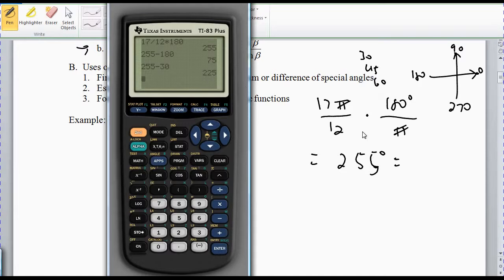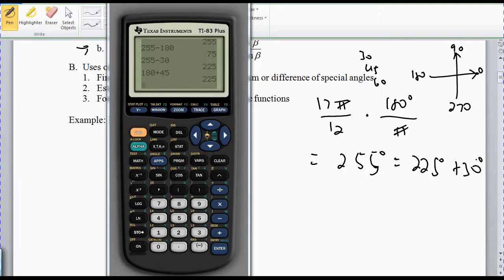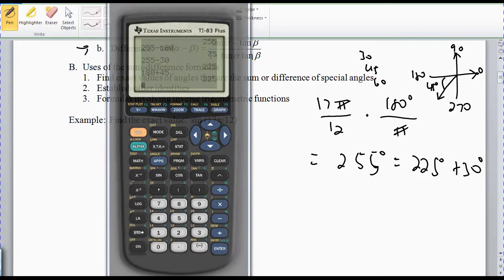I do believe it is, and the reason why I know that is because 225 is the same as 180 plus 45. So somehow, some way, you need to find two special angles for 255, and it's the same as 225 degrees plus 30 degrees. And 225 degrees is actually the same as a 45 degree angle in the third quadrant. So keep that in mind.